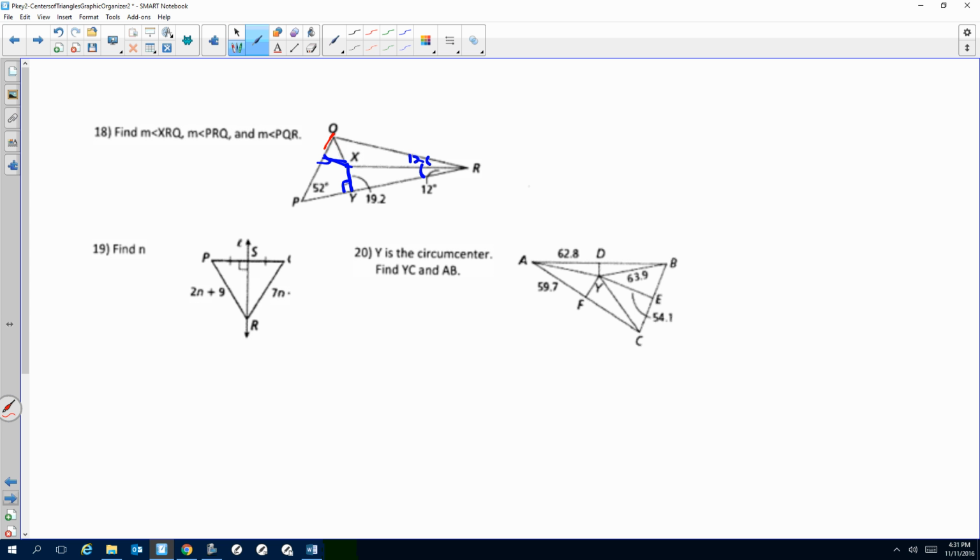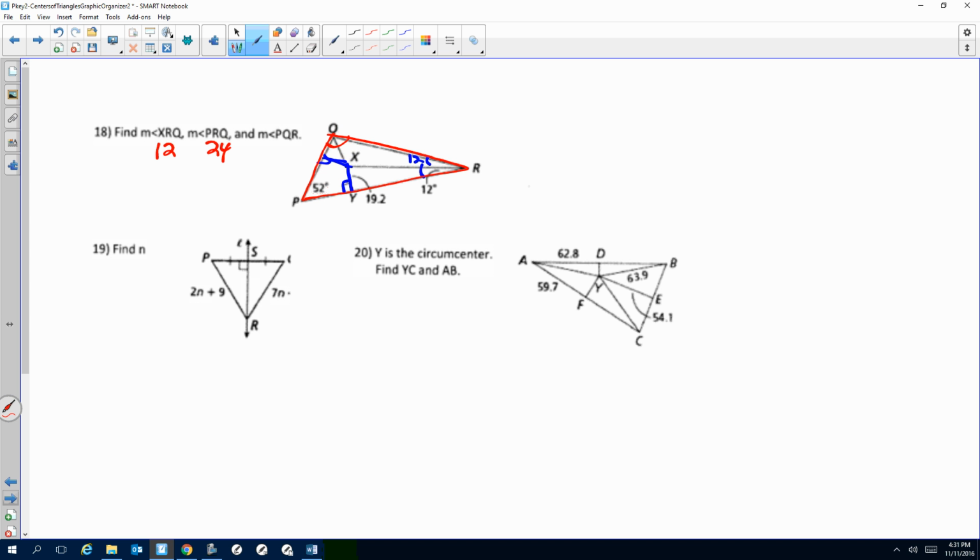And then I can find my first missing angle, which is XRQ. I just did, because that was the angle bisector, so that was 12. But when I get to PRQ, well, that is 24. And then they wanted me to find PQR, and that is here.